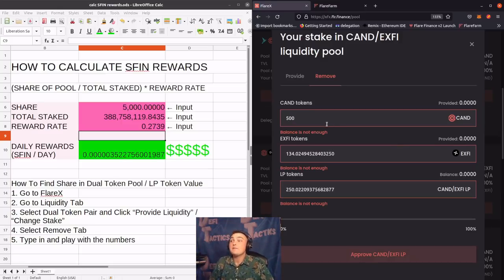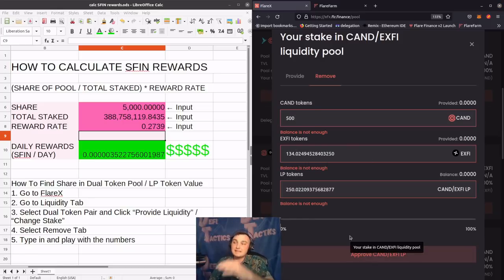Because remember, 50% of the liquidity pool tokens are going to be in Canary dollar and 50% will be in EXFI in this circumstance. Meaning $500 are going to be in Canary dollar, another 500 will be in EXFI, equaling our $1,000.